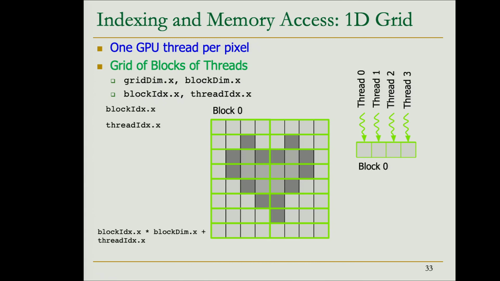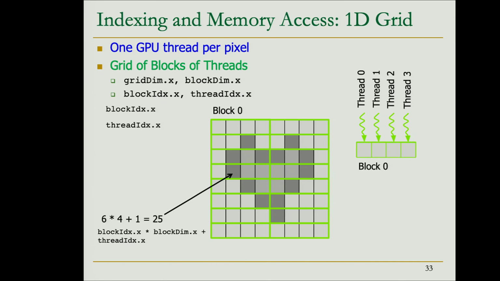Now if we want to know which thread is computing on this element, we need to use the block index, the block dimension, and the thread index. This element is pixel number 25, and thread number 25 in the whole GPU is using it for computation.